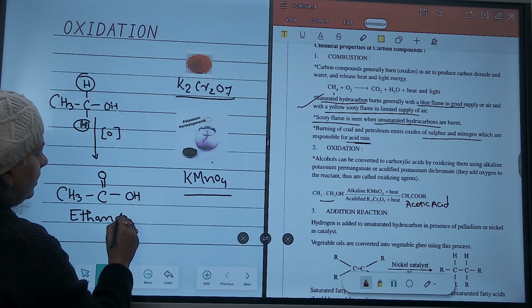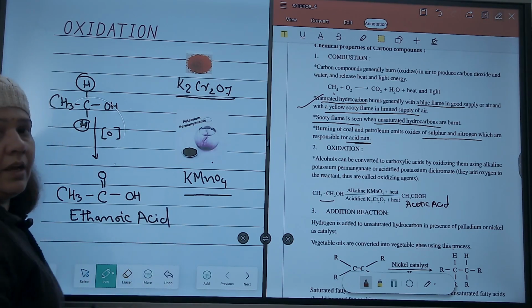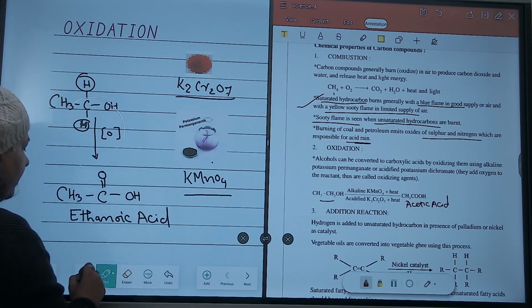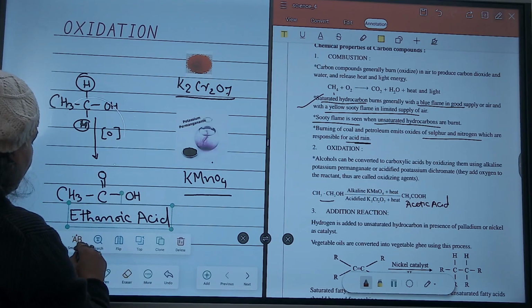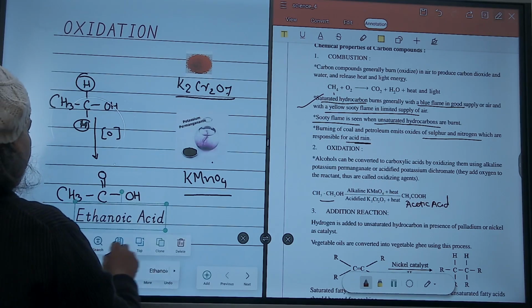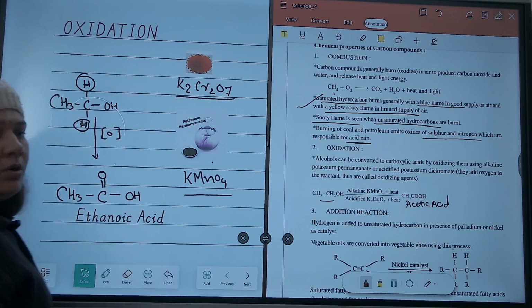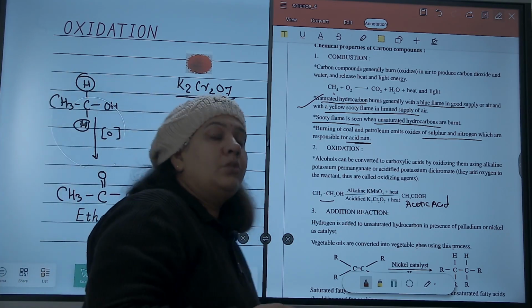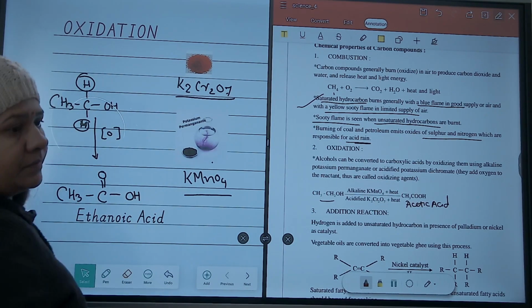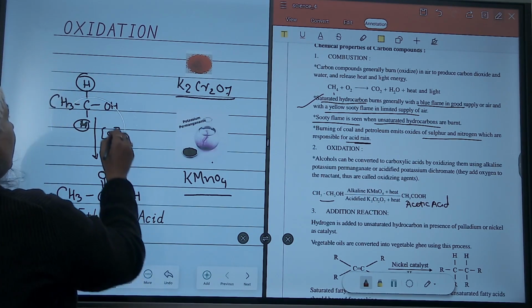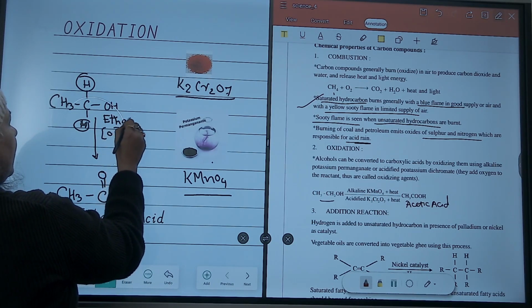Ethanoic acid, common name is acetic acid or vinegar. And this is two carbon compound having OH, so it is ethanol.